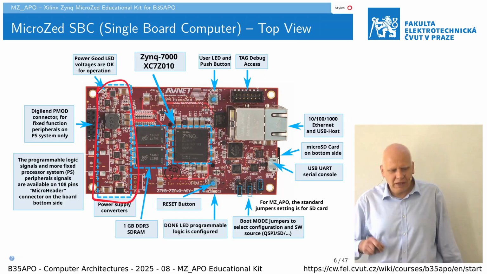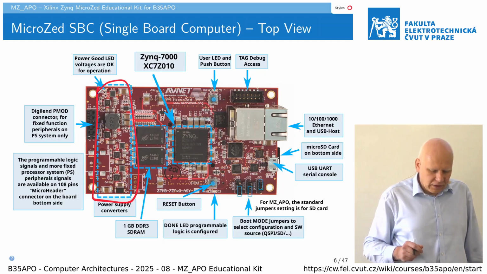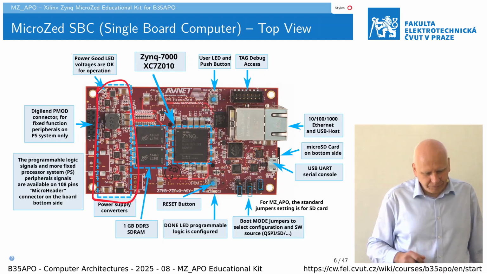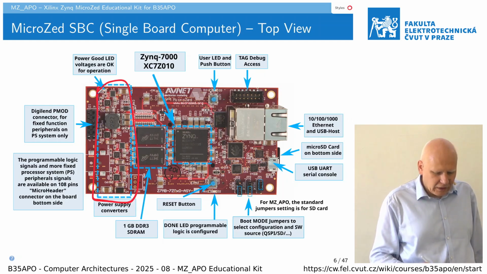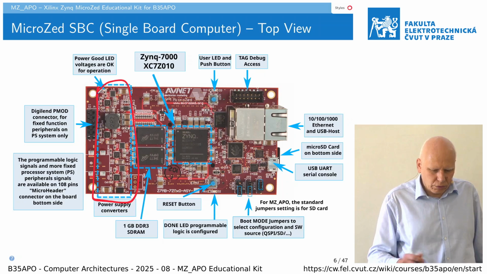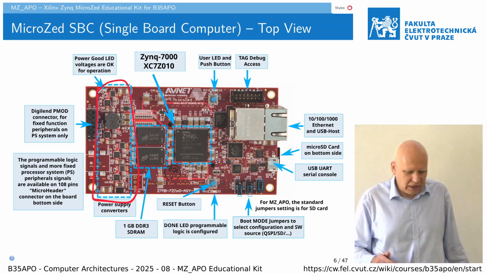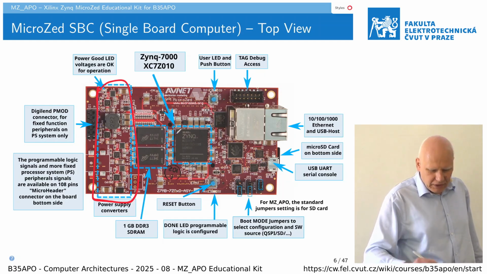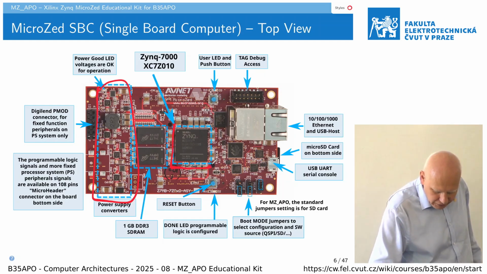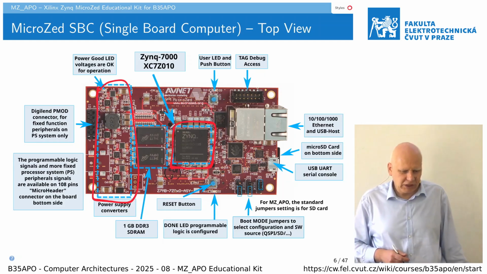We provide 5 volts from that 19 volts to this module, and it prepares 1, 1.2, and 1.8 volts and other voltages which are necessary for the actual chip. Then we have the actual core chip, the system on chip with the FPGA part.